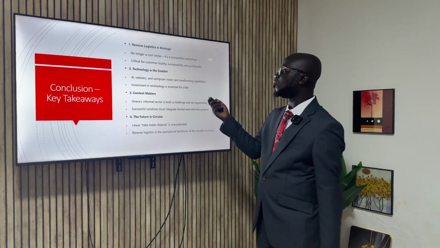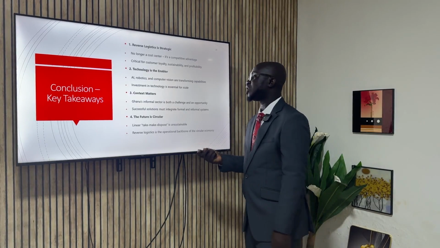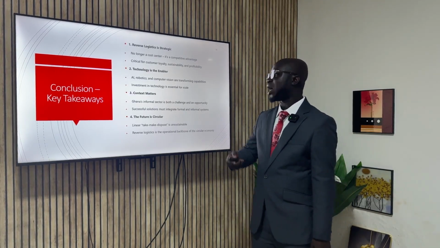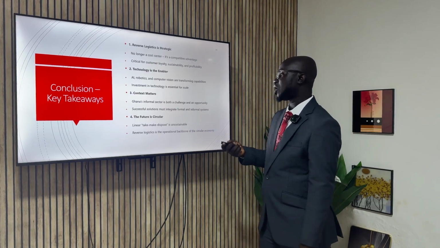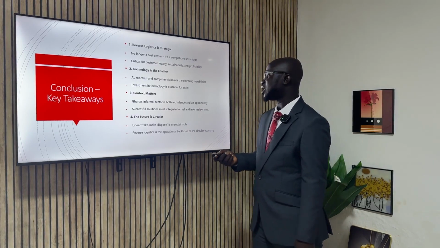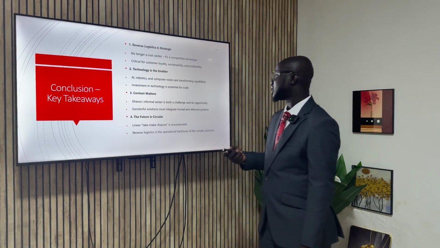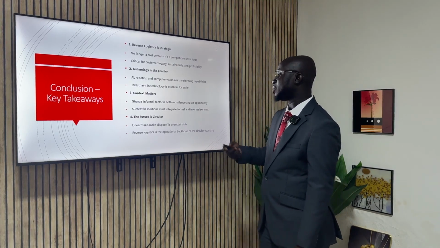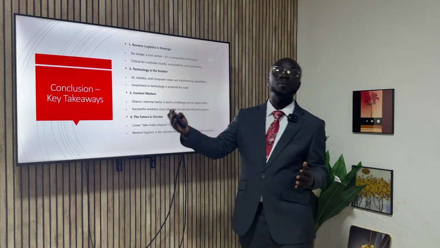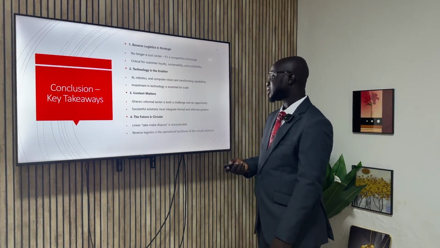We need AI, robotics, computer vision, and all that. And we have to do so by investing in technology. Then we look at context matters. In Ghana, the informal sector is both a challenge and also an opportunity. And successful solutions must integrate both the formal and the informal systems.